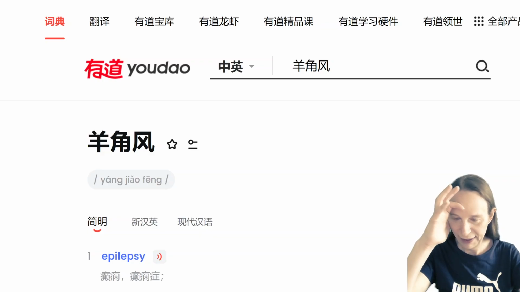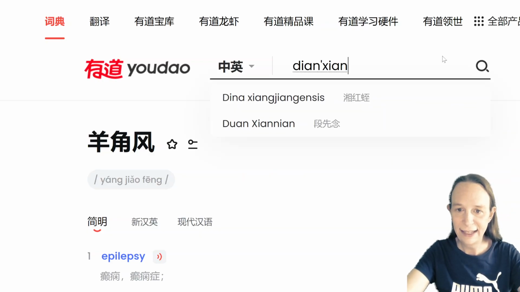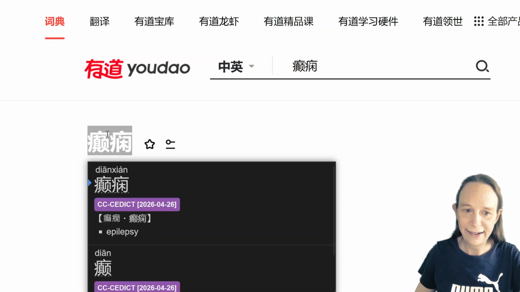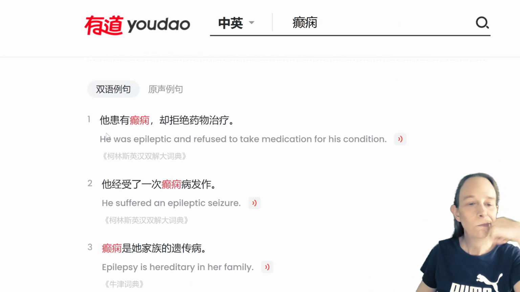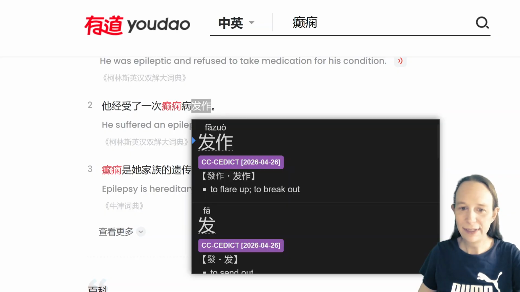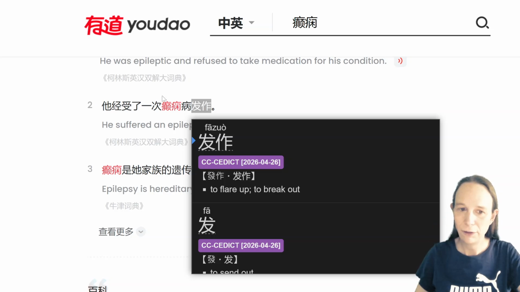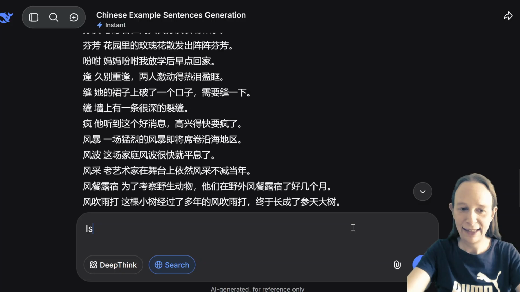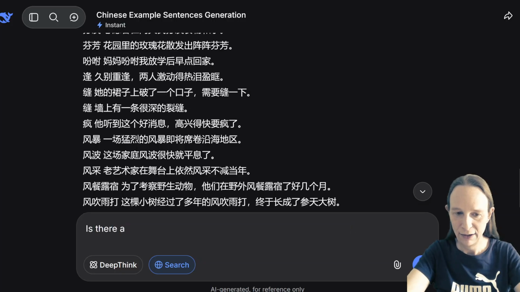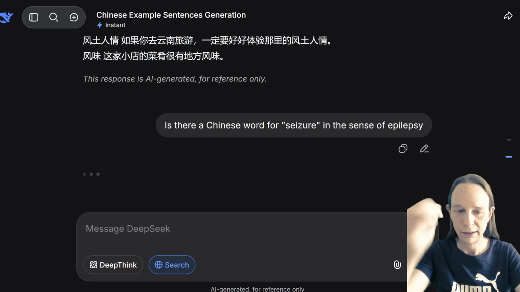Okay. But that is not a verb. That is a noun, isn't it? So 癫痫. This is a noun. This is not a verb. So 发作. 发作 is unspecific. So it's kind of like seizure almost doesn't exist in Chinese. Is there a Chinese word for seizure in the sense of epilepsy? 发作.